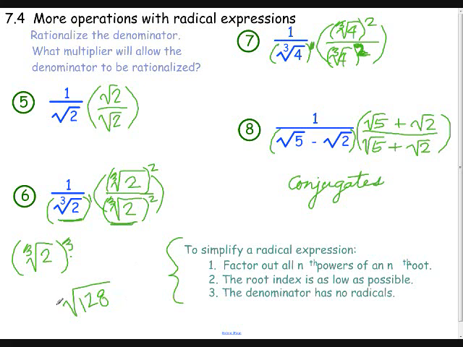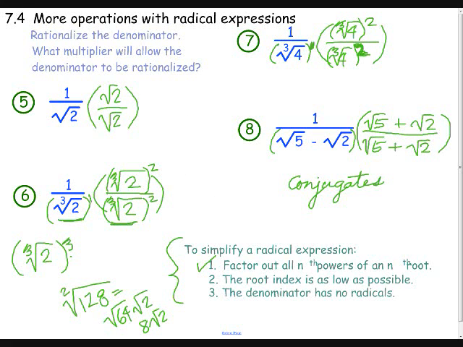And that turned out for us to be the square root of 64. And then we had 8 square roots of 2. At that point, there were no more perfect squares under the radical, and we had accomplished that. The root index is as low as possible.